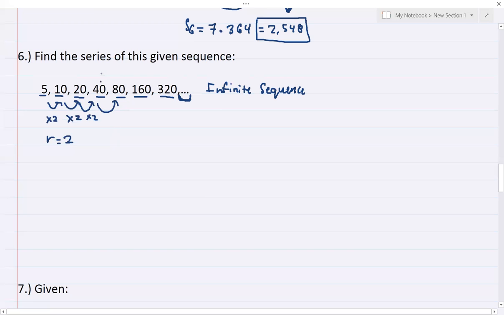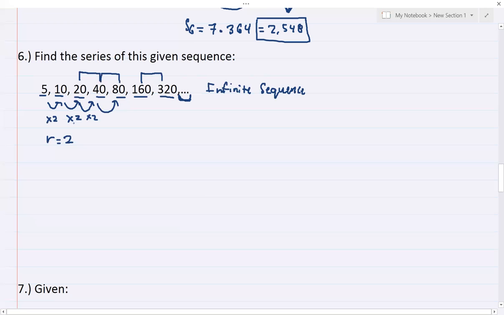For example, 80 divided by 40 is 2, right? Or you can divide 40 by 20, which is 2. Or you can divide 320 by 160, which is 2. Therefore, your common ratio is 2.